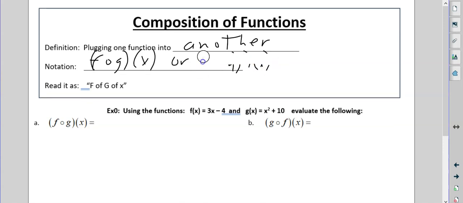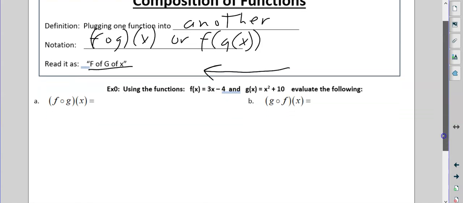I was throwing too many parentheses on this. There you go. These both read the same way. f of g of x. And now the important thing to remember is we're going this way. Even though we read it f of g of x, we're going to plug in and go backwards.